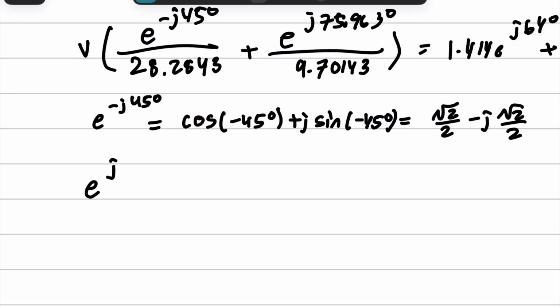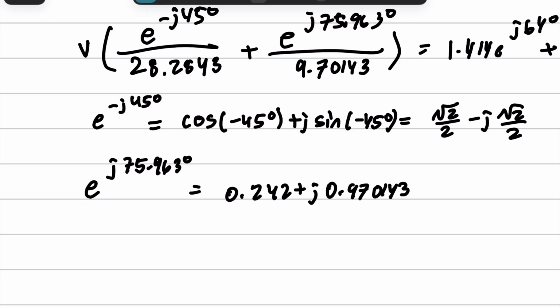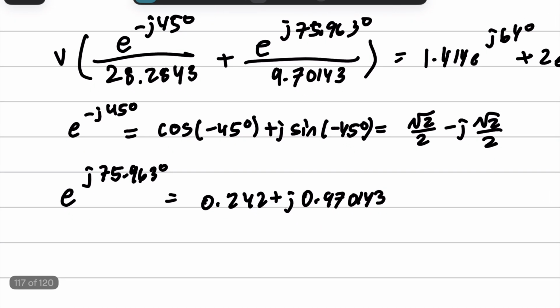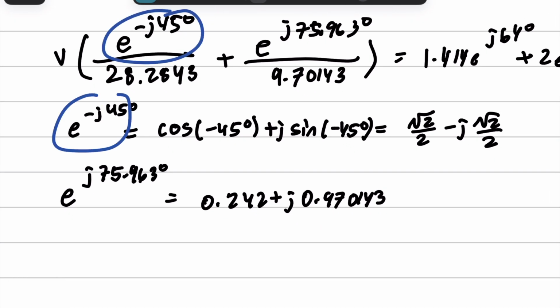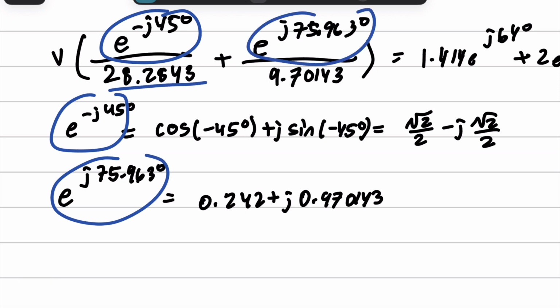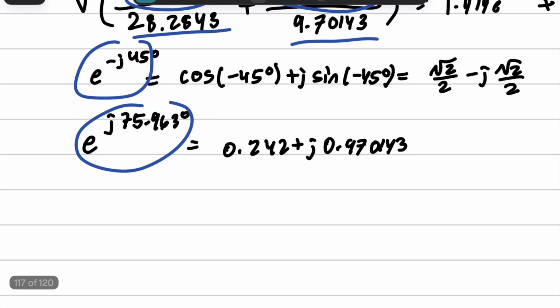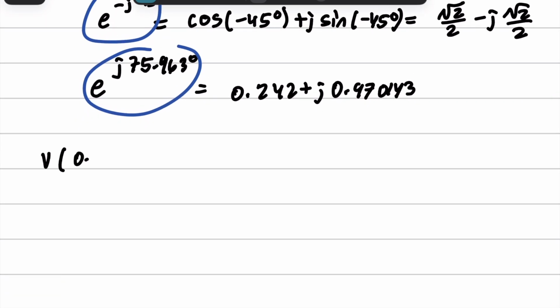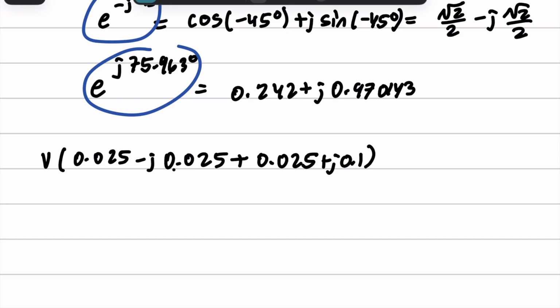And e^(j75.963°) is simply equal to 0.242 plus j0.970143. Now remember that these portions are just these portions right here, so we still have to divide by these. Hopefully you've saved them in your calculator. Simplifying it down, we get pretty nice numbers. If you maintain all of the precision in your calculator, you should get 0.025 minus j0.025, which makes sense, plus 0.025 plus j0.1.